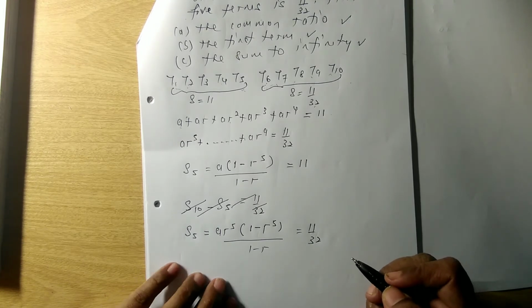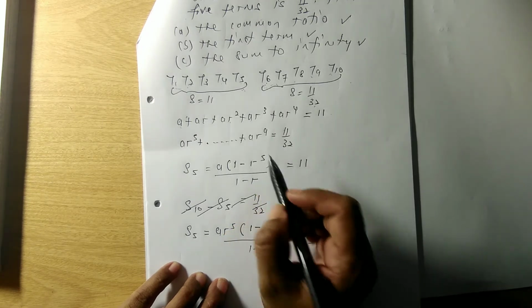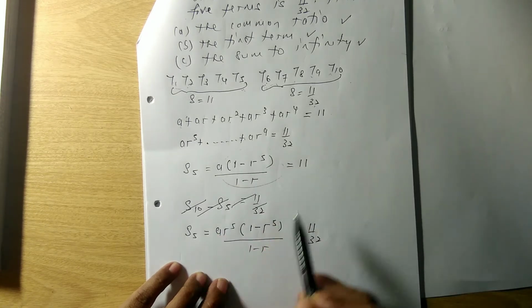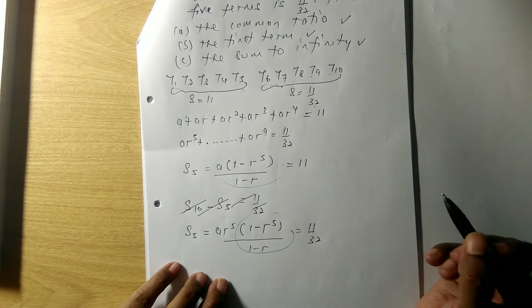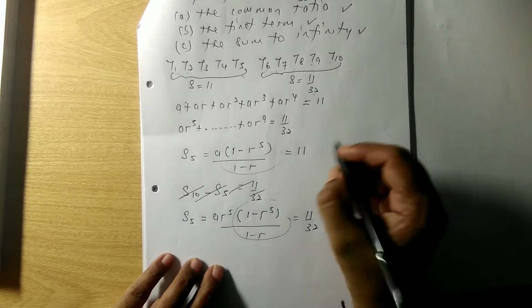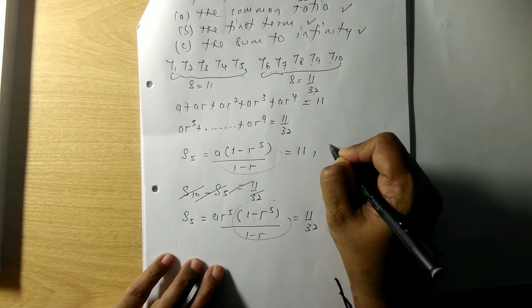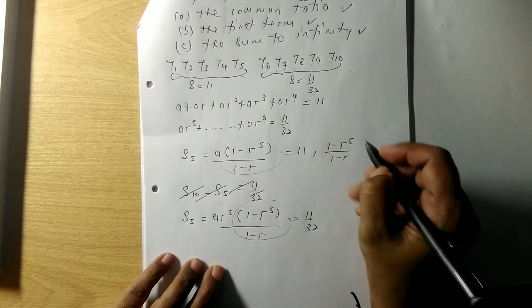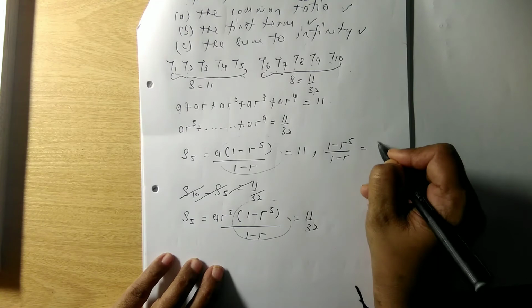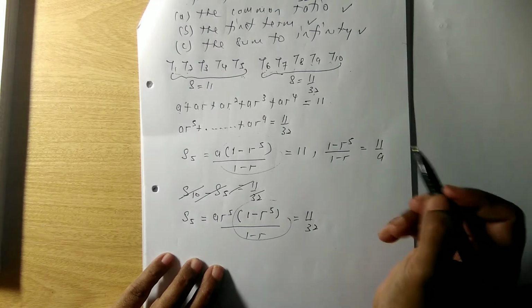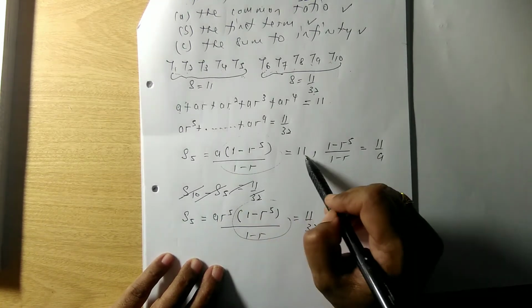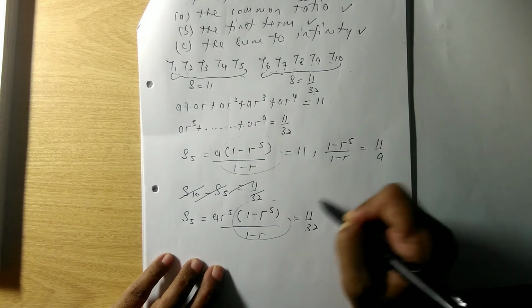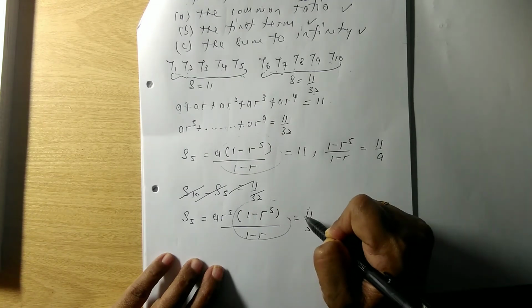Alright. So that means now what I can actually see here is, you see this part and this part look the same. So from here I can actually say 1 minus R, this is actually 11 over A. From here I just move the A down. So I'm going to sub this inside here.